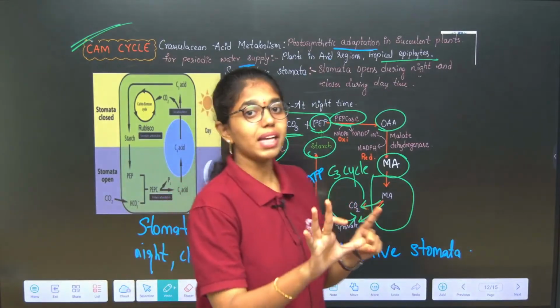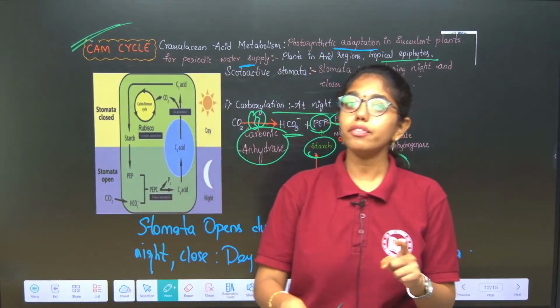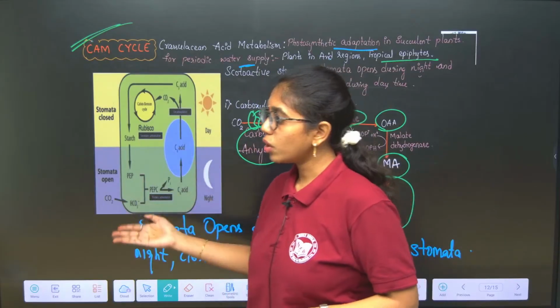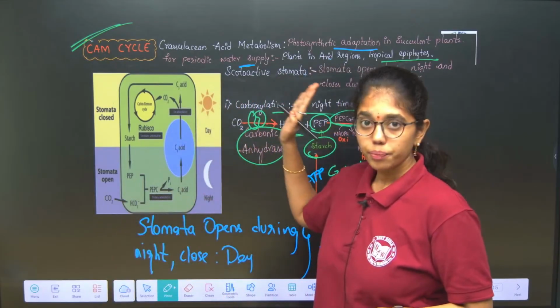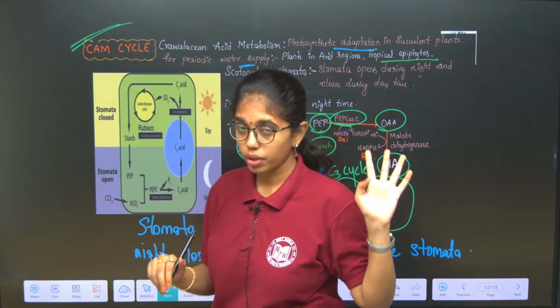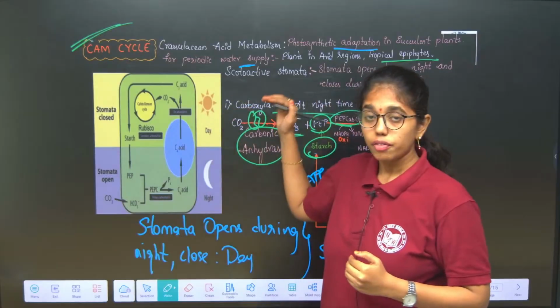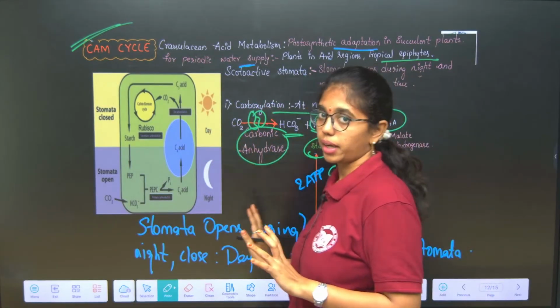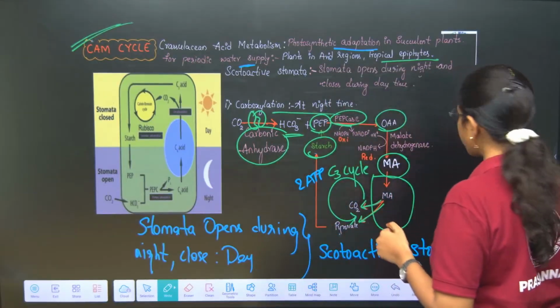Bioenergetics are the same as that of C4 plants, only difference is there 2 cells are involved, mesophyll cells and bundle sheath cells. Here only one cell, that is mesophyll cells. There carboxylation takes place during daytime only, but here the first initial carboxylation is during night time, the second during daytime. This is because of scotoactive stomata.